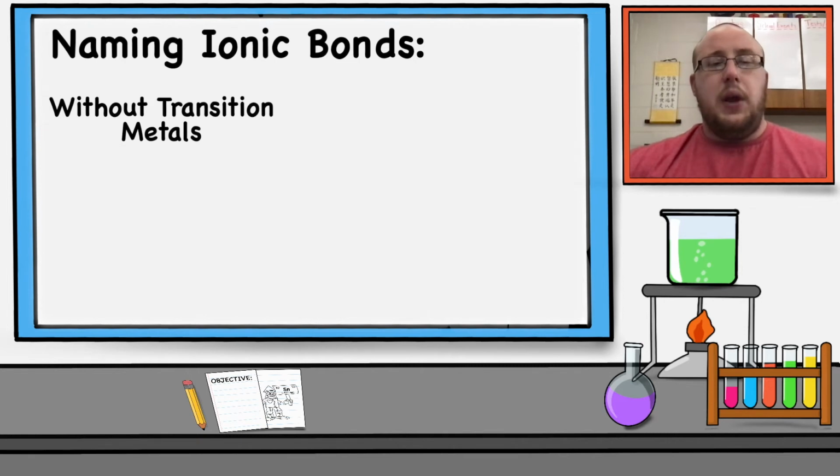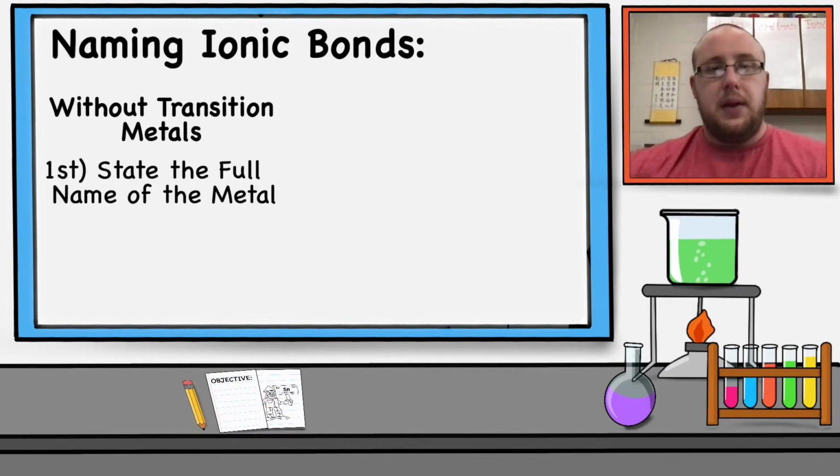Okay, so we have a metal and a nonmetal atom. We can immediately think it's an ionic compound, so we follow ionic bonding rules of naming and writing compounds. Our first step is to state the full name of the metal. So if I have sodium and chlorine, I would say the full name of my metal, which is sodium.